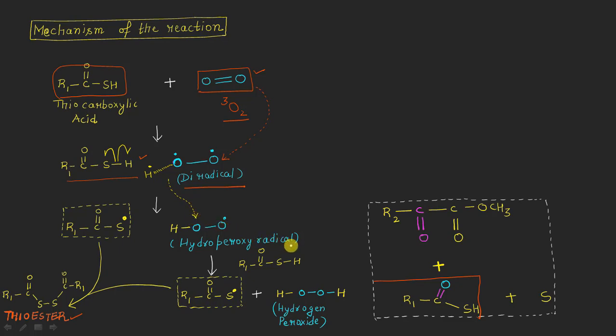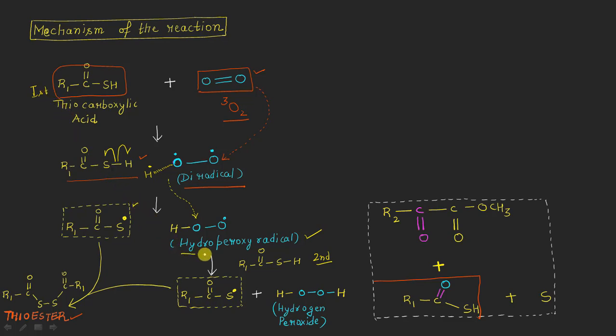And after that, once the reaction has been initiated, this hydroperoxy radical will further react with the second, let us say this is the second molecule of thiocarboxylic acid, and here is the first molecule of thiocarboxylic acid, which has given what? Which has given this type of free radical, right?